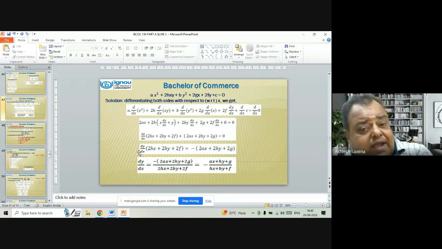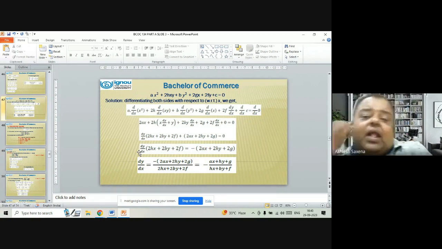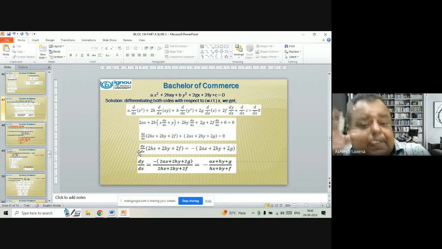Then y, differentiating y square, 2g is common, differentiating x, 2f is common, differentiating y, and differentiating constant. When we will be differentiating x square, we will be getting 2x. So its product with a will be 2ax, 2g.